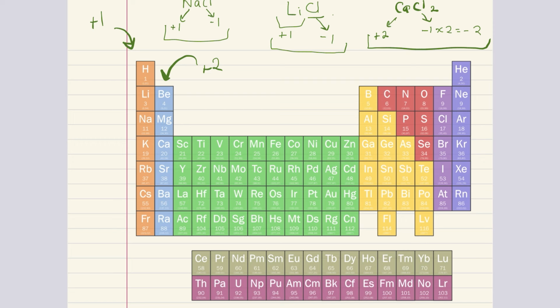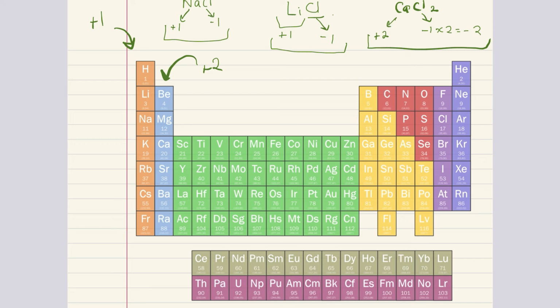So for example, if we're looking at hydrogen chloride, the chlorine has an oxidation number of -1. However, if we look at something else like hypochlorous acid, HOCl, chlorine is bonded to oxygen. Oxygen is more electronegative, so chlorine will actually here have an oxidation number of +1. Okay, so that's for halogen atoms.